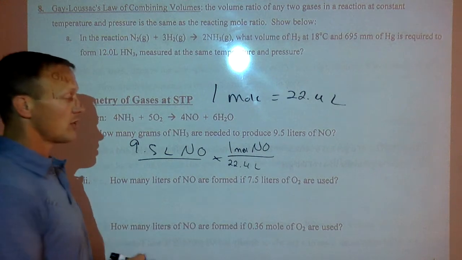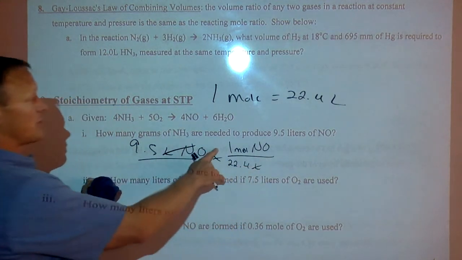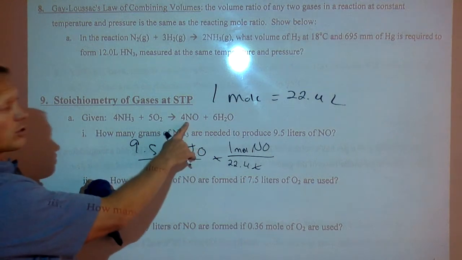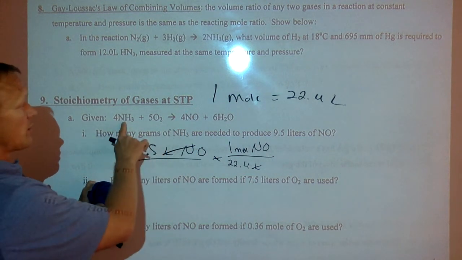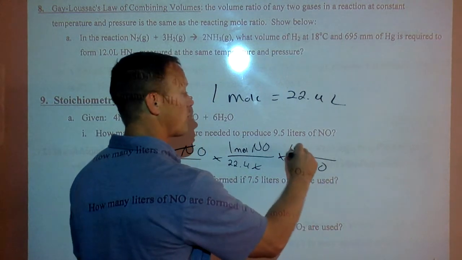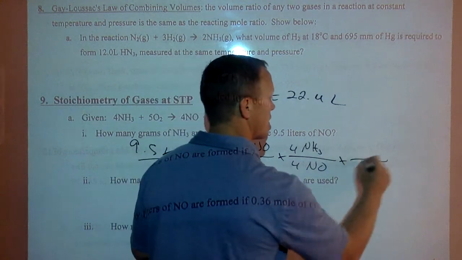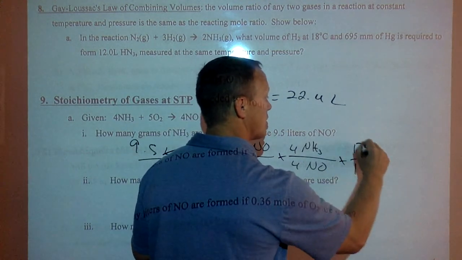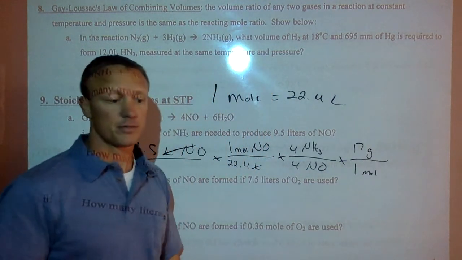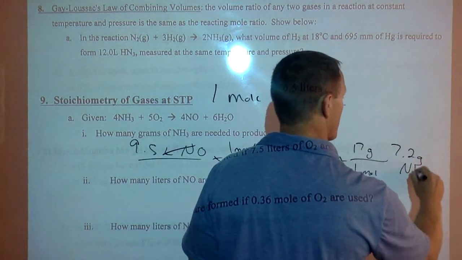It's just a molar conversion with gases. Once we do that, we get our mole ratio 4 to 4. For every 4 moles of NO, there's 4 moles of NH3. We want to get into grams. Every 1 mole is 17 grams. Answer there is about 7.2 grams of ammonia.